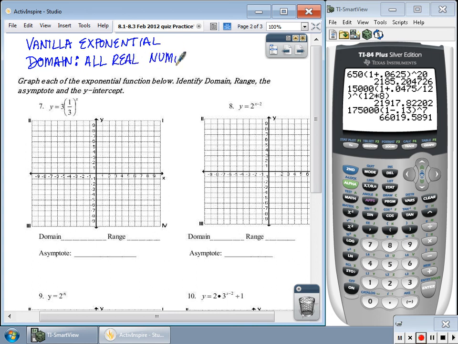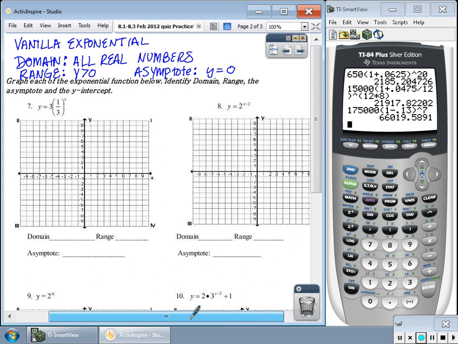We have to remember the range is going to be y greater than 0. And it has the asymptote at y equals 0.